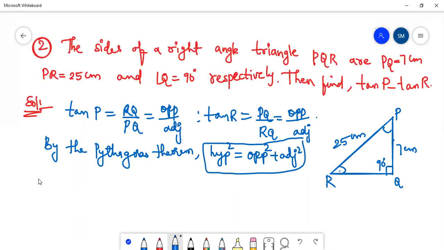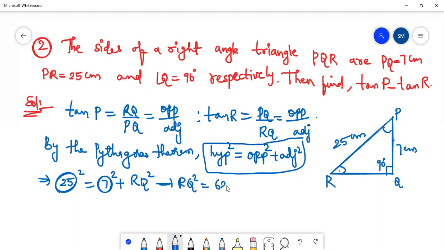From this, hypotenuse 25 whole square is equal to opposite square 7 square plus RQ square. Then RQ square is equal to 625 minus 49, which is equal to 576. So RQ is equal to under root of 576.